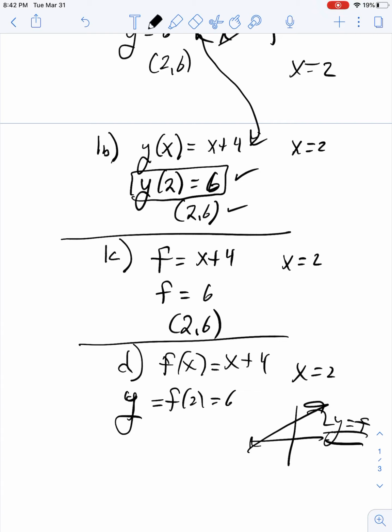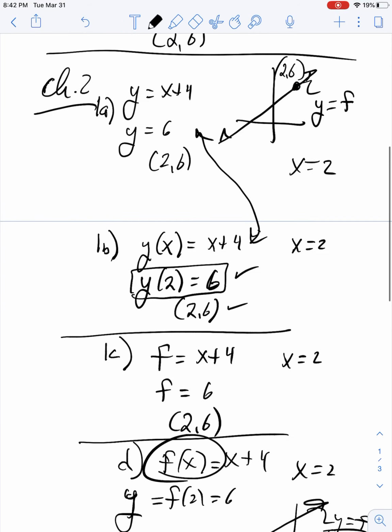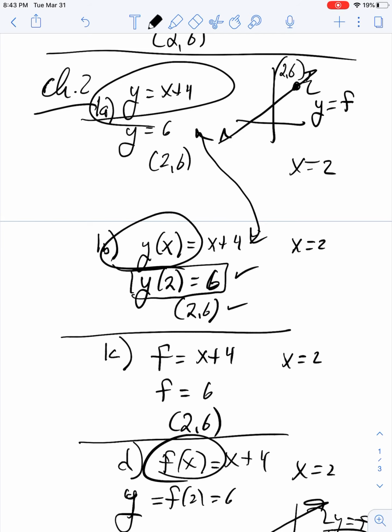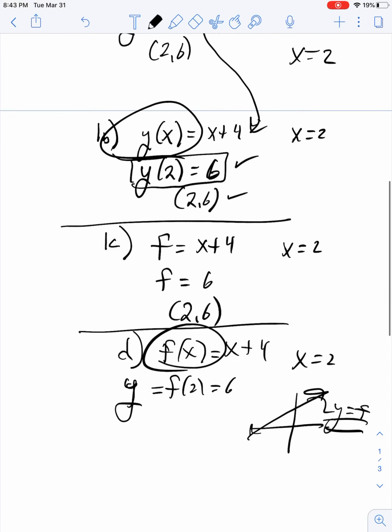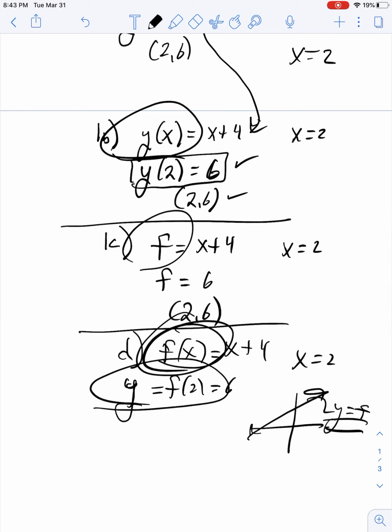So it was a series of steps, not jumping directly into it and saying, okay, let's start off with f of x. No, I did it over several weeks. So again, I started right off the bat with plugging it in, then y of x, then started doing f and f of x, and then saying y equals f of 2 or y equals f of x.